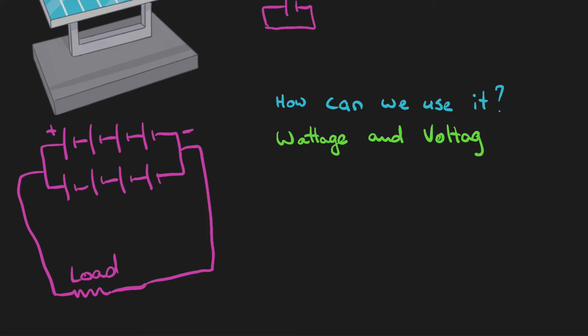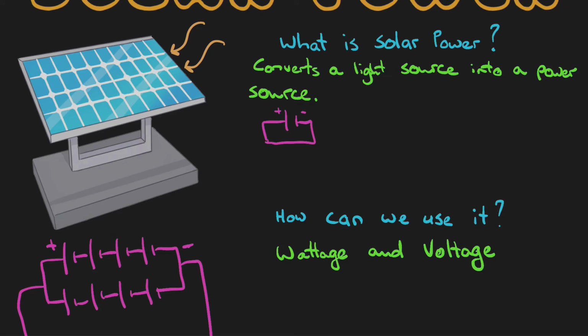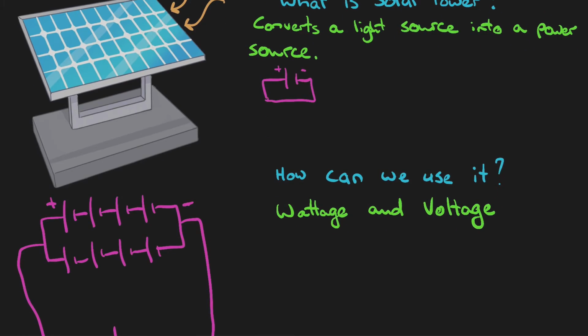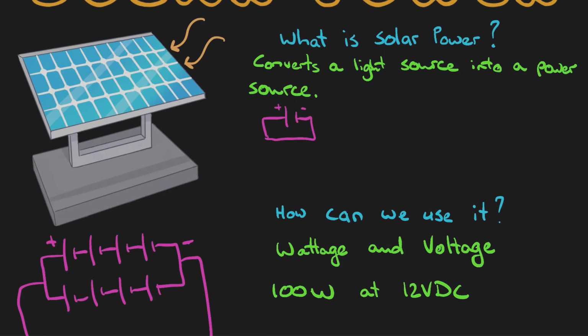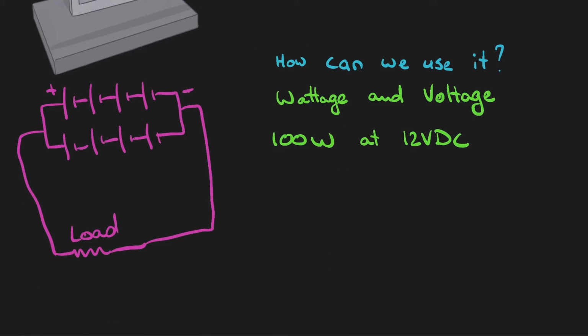That's the description of them. So off the shelf, they would say this solar panel provides 100 watts at 12 volts DC. Meaning that at optimal conditions, this solar panel will produce 100 watts of power at 12 volts DC.